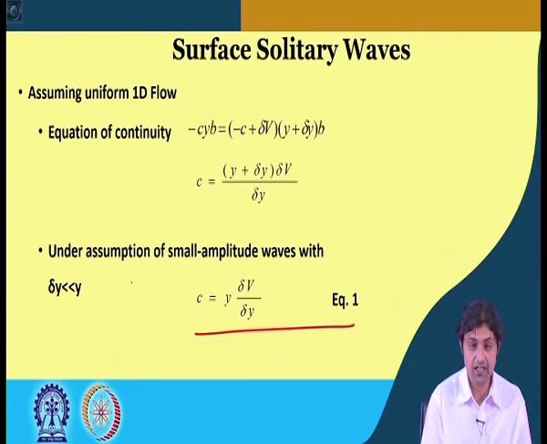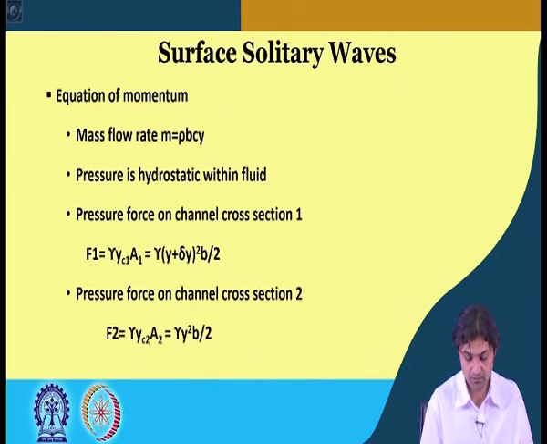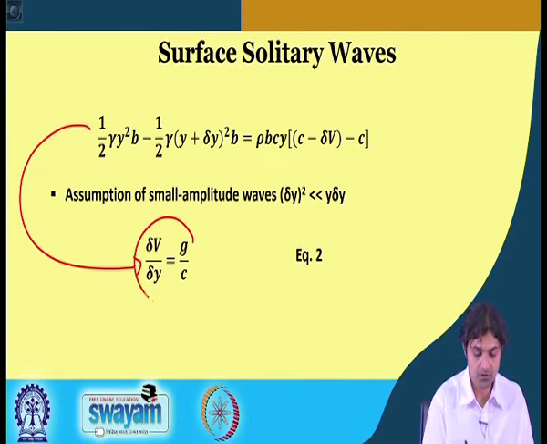If you go back and see what equation 1 was, c is equal to y delta v by delta y, correct. So, this delta v by delta y we have obtained from equation number 2.